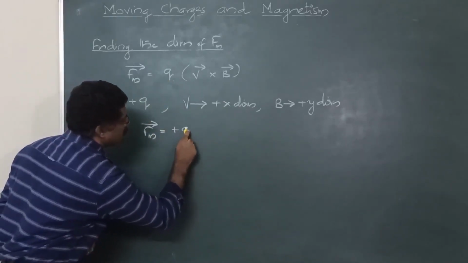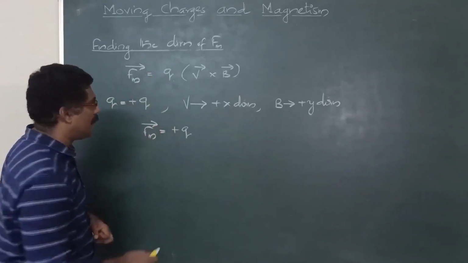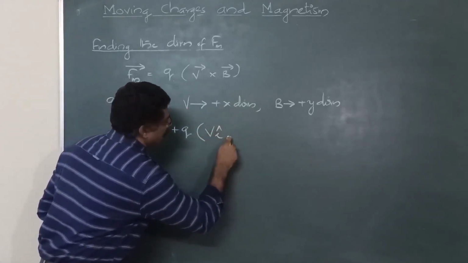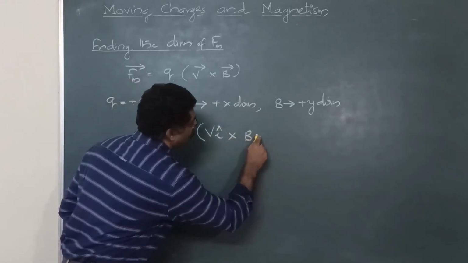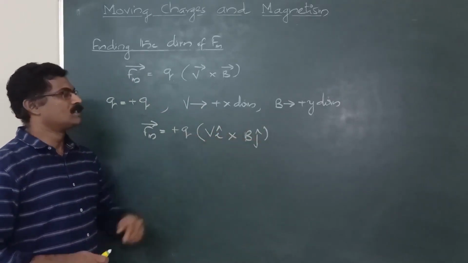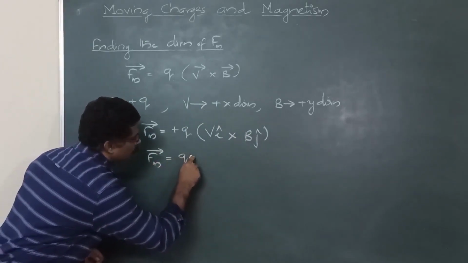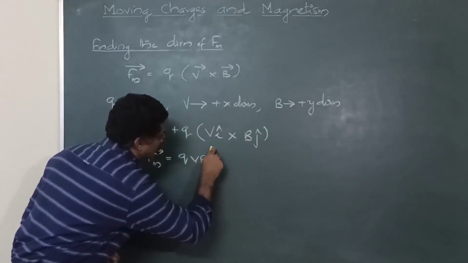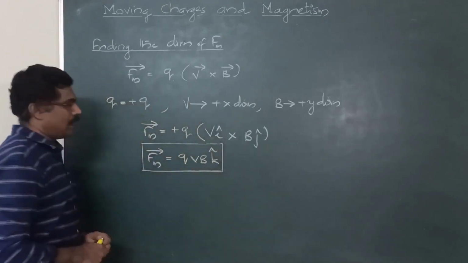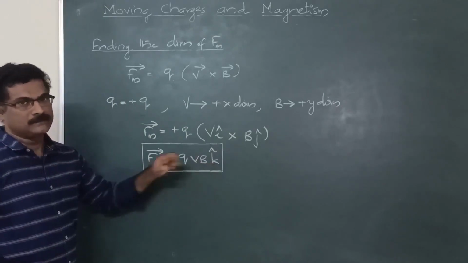Positive charge, so it is plus Q. Remember, you have to take the sign also while calculating the direction. Into V, velocity along the x direction, cross magnetic field along the y direction. What is i cross j? i cross j is k. So we can say Fm vector is equal to QVB k cap. So this is the answer: the magnetic Lorentz force is along the positive z direction.